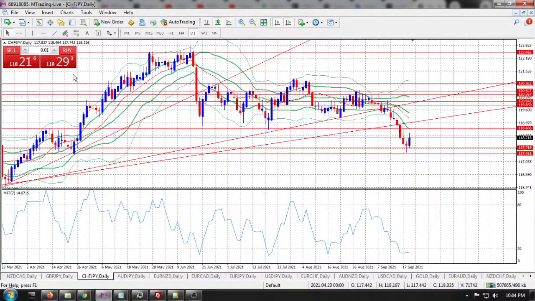Our spread as of now is still high, which is 221 against 29. It's still about 8 pips, or you can call it 85 points. Either way, it's correct.